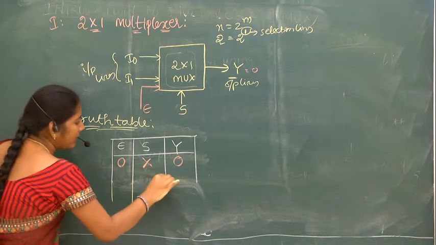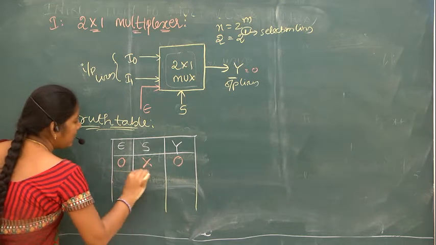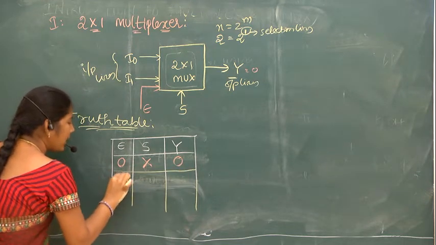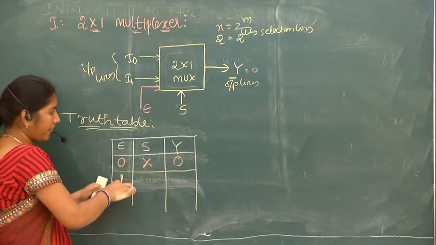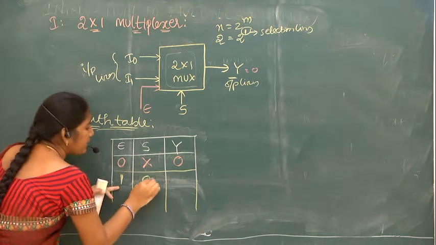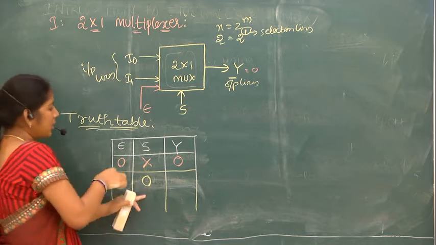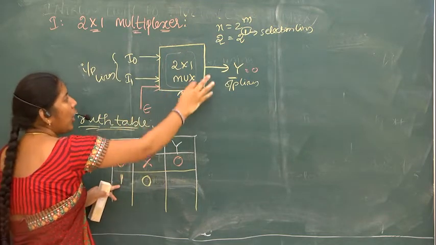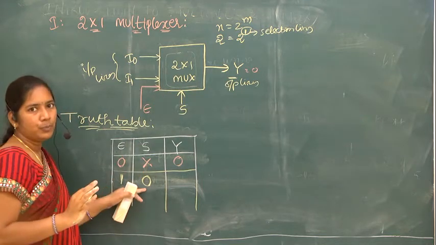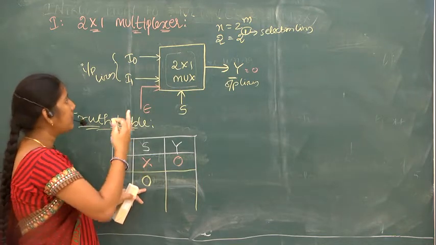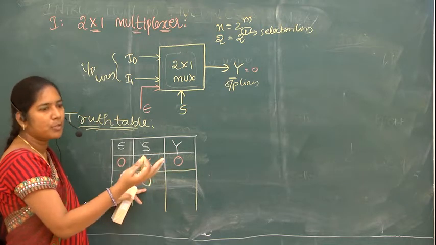For the next remaining cases, I'll make enable value as 1. So when enable is 1 and S is 0, enable 1 means this is an on condition. Now we'll change the selection value so that the input transferred to the output will change.